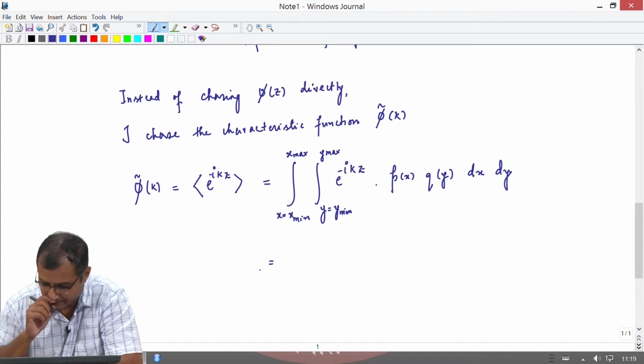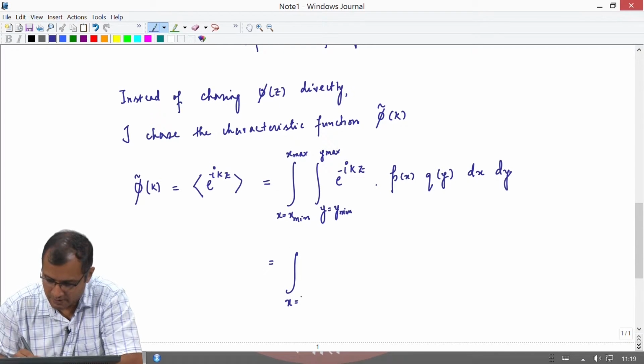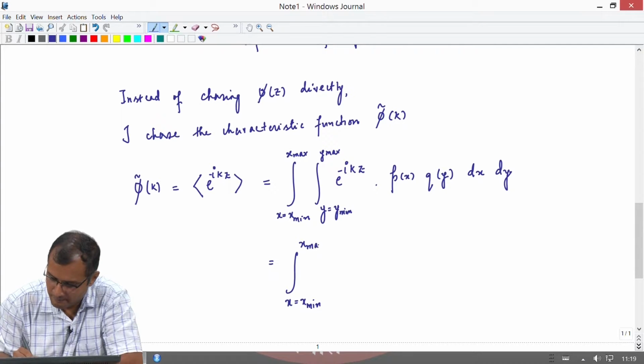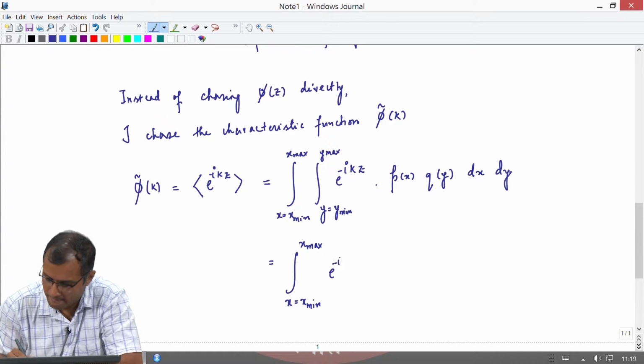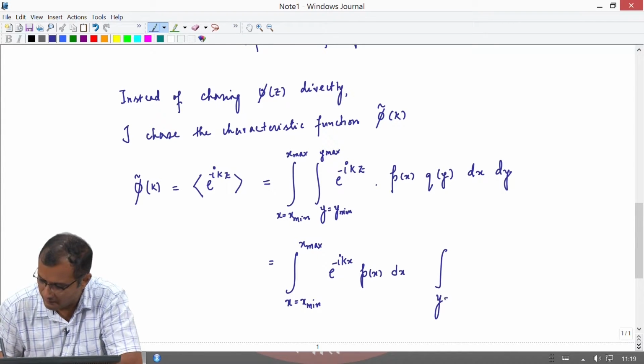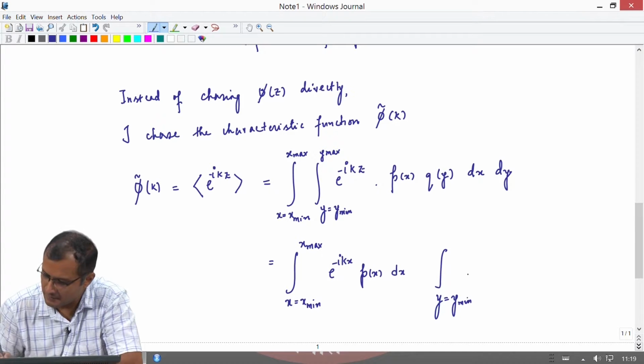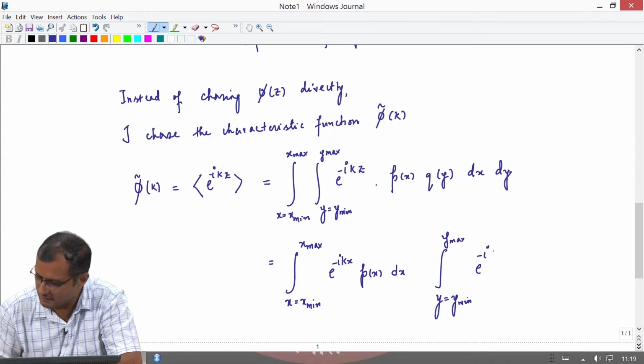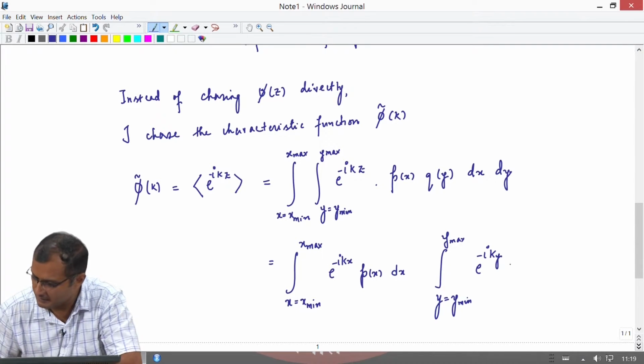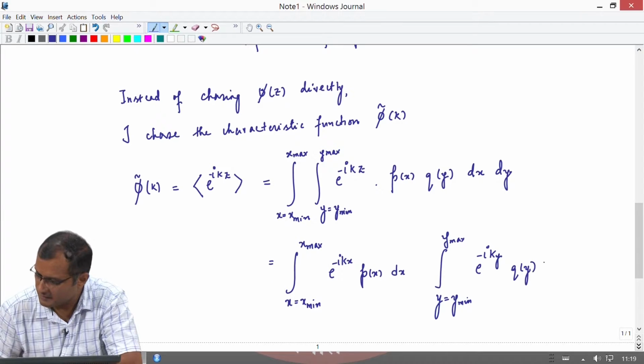Now, I can write this as e to the power... So, I can separate out these integrals and write this as y going from y minimum to y maximum e to the power minus i k y q of y dy.